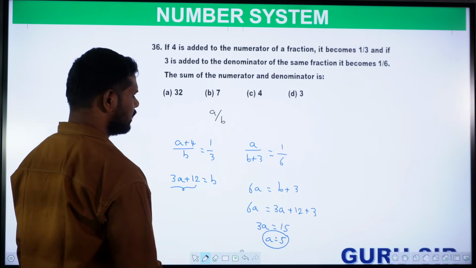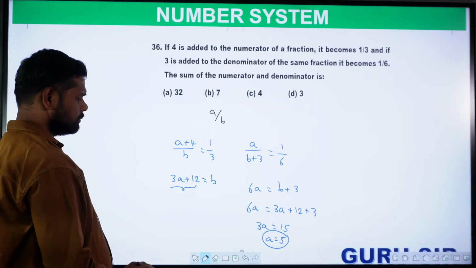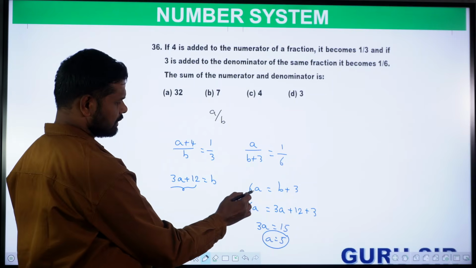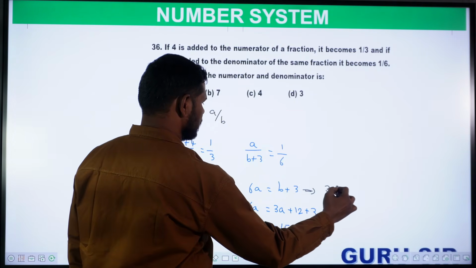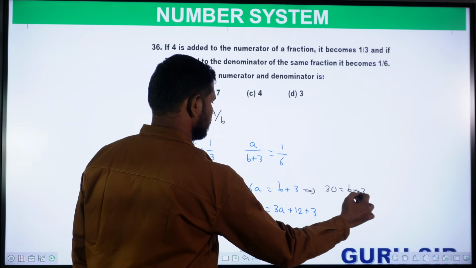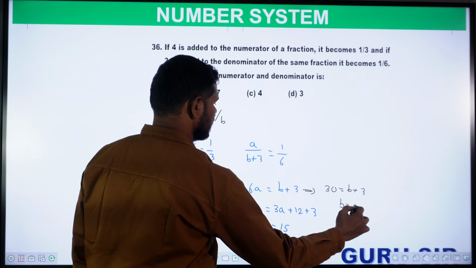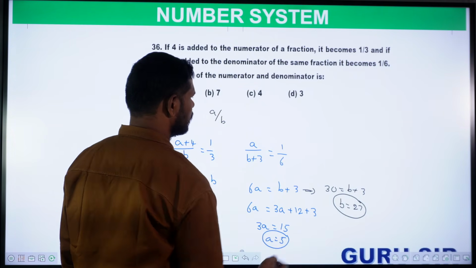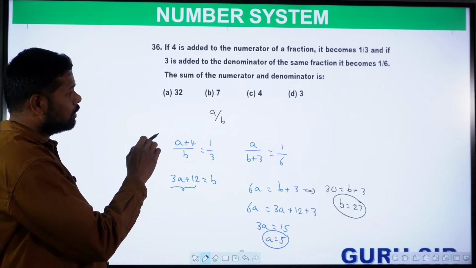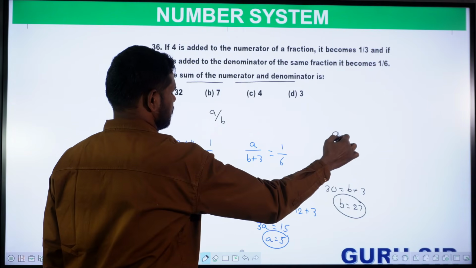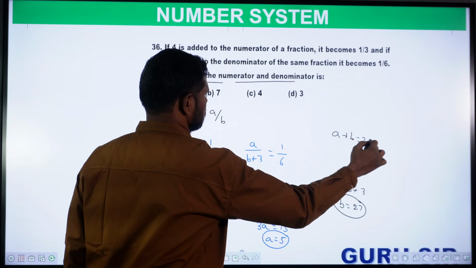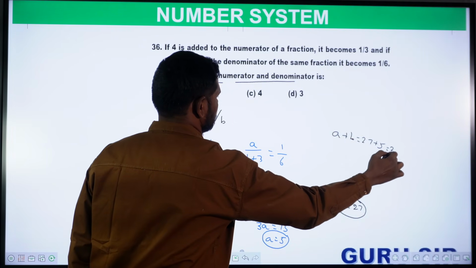A value is 5. Substitute it anywhere and get the B value. Suppose, with A value 5, 6 into A, 30 equals B plus 3. B equals 30 minus 3, 27. They are asking about the sum of the numerator and denominator, A plus B, 27 plus 5, 32.